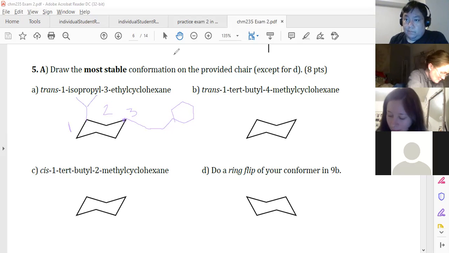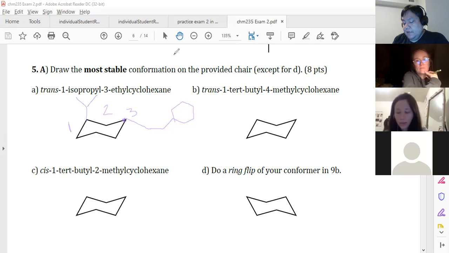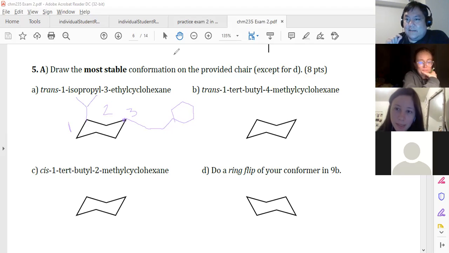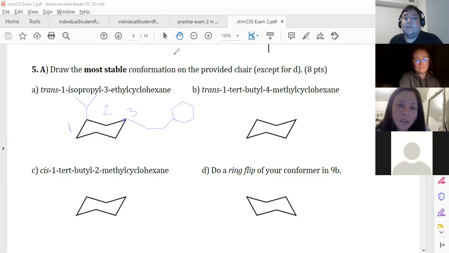So you decided that one was going to go down and the other one up because it's trans. Yeah, and remember, what do I keep saying about these? Consistency. It doesn't matter which way you make something unless it tells you. You just have to be consistent. Okay. Could I have drawn that ethyl cyclohexane up? Yeah, you could have, right? As long as you keep everything consistent with what you're given, it doesn't matter.